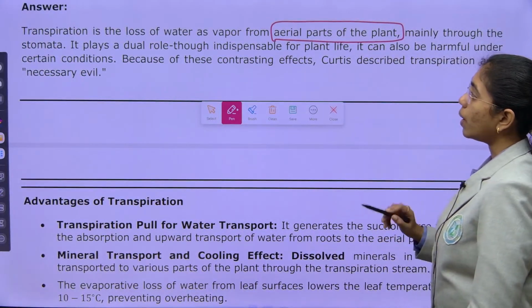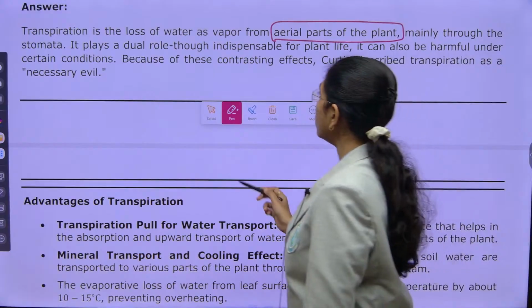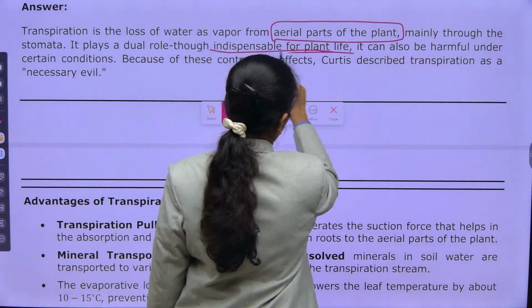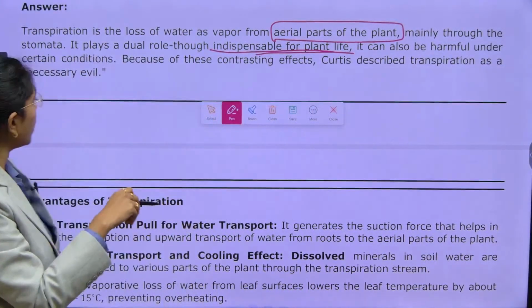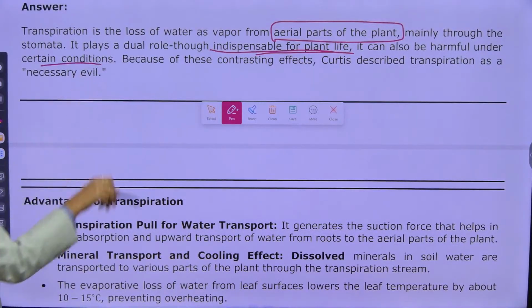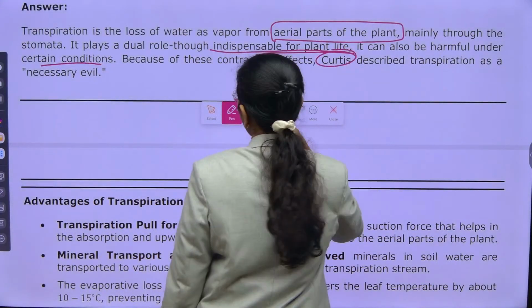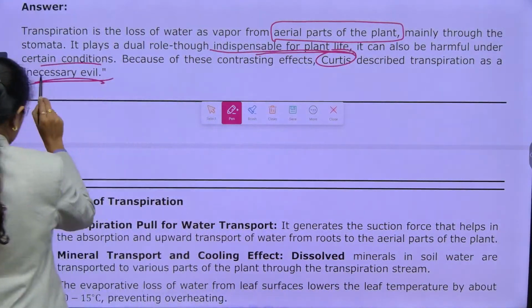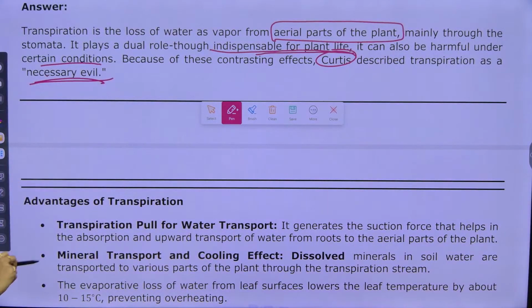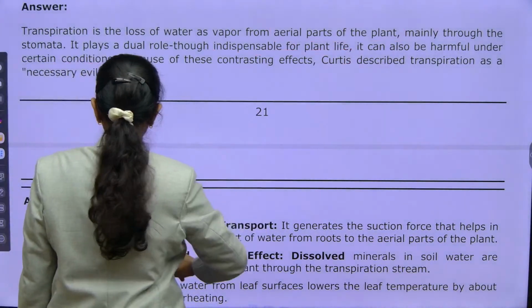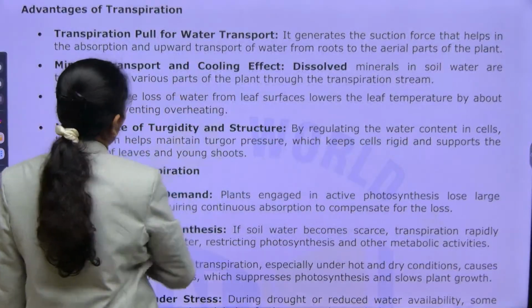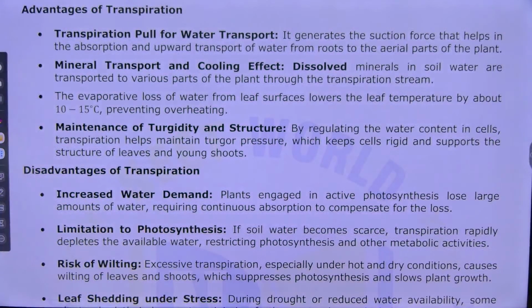It plays a dual role: it is indispensable for plant life, but it can also be harmful under certain conditions. Because of these contrasting effects, the scientist Curtis described transpiration as a necessary evil. Now you have to mention the advantages and disadvantages of transpiration in detail.